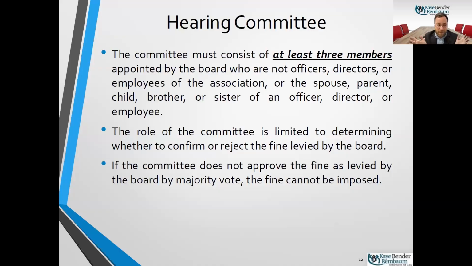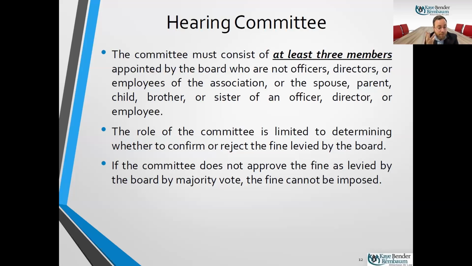So basically 3 independent members. And I have found that a lot of communities struggle to get these people because people don't tend to approve of the fining committee. I don't understand why. I mean, you're kind of scapegoats at that point, I guess. But either way, it is a necessary part of being able to actually proceed with these fines or even suspension of use rights, which I'll get into later.